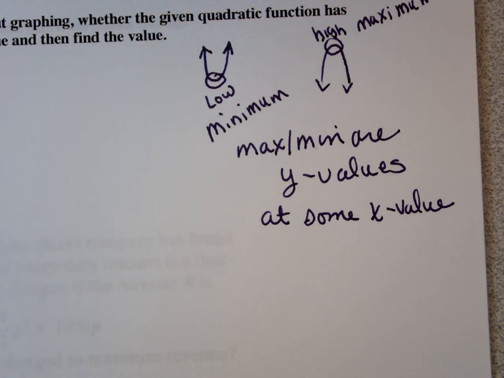And right now in calculus, we're headed that direction. So what is the maximum profit? Well, profit is the y value, and where it occurs is the x value. Maximum profit would be a y value. So it is a y value.